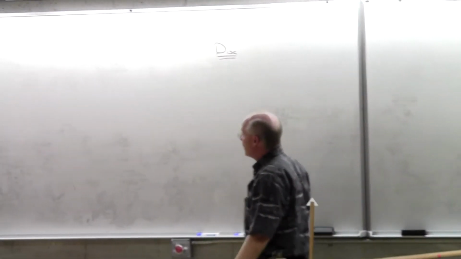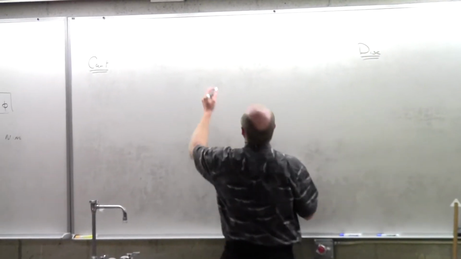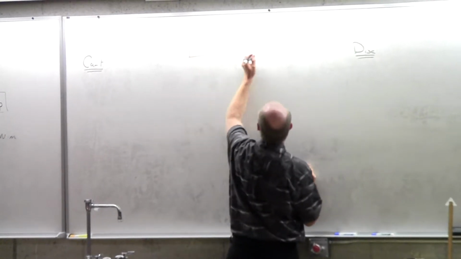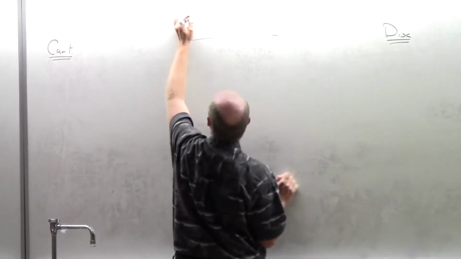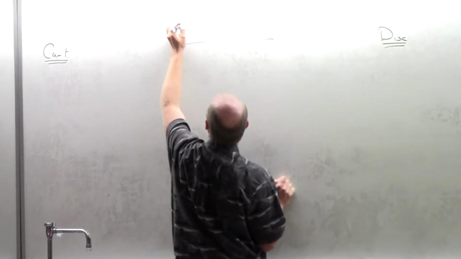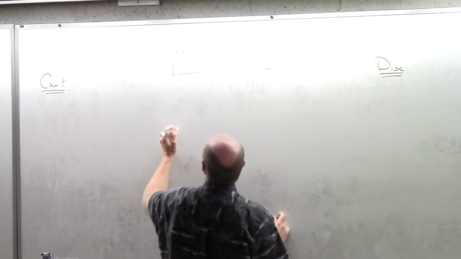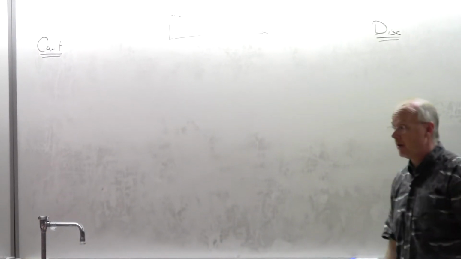Well, we'll start here with the cart. In fact, maybe I'll put a generalized picture over here. Here is the cart, something like that. And it's going to roll down the hill.